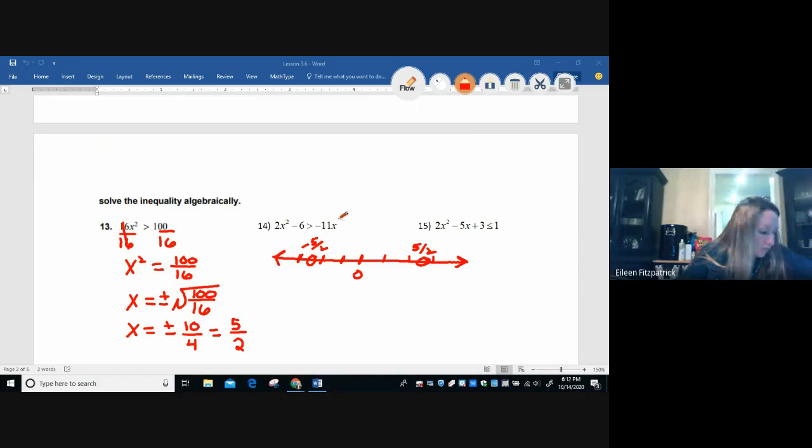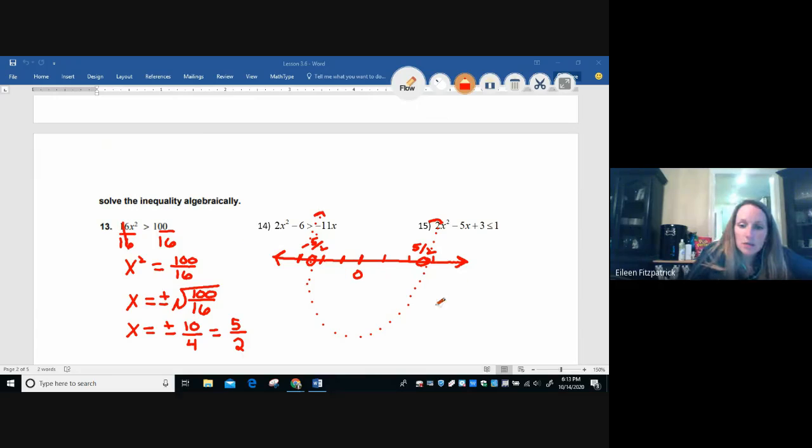If you can envision a parabola that's opening up, going through the x-intercepts right there, we need to decide: are we shading inside the parabola, in between, or am I shading outside of the parabola? We can take a test point like 0, and that makes the math really easy. If 0 works, then we'd shade inside, in between. If 0 doesn't work, you shade on the outside.